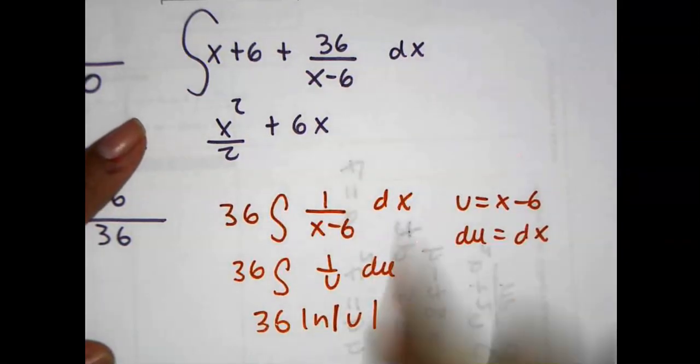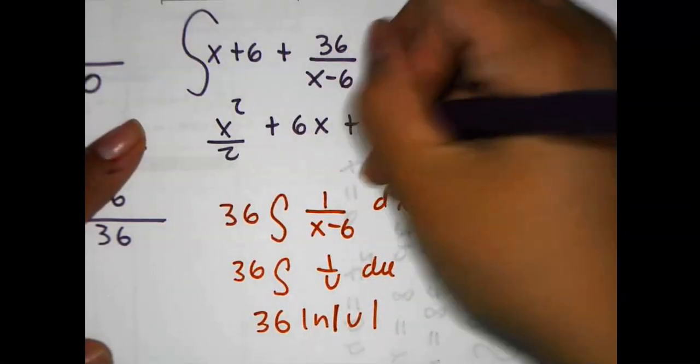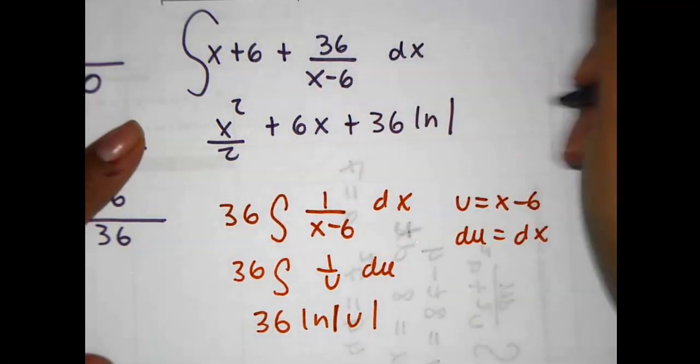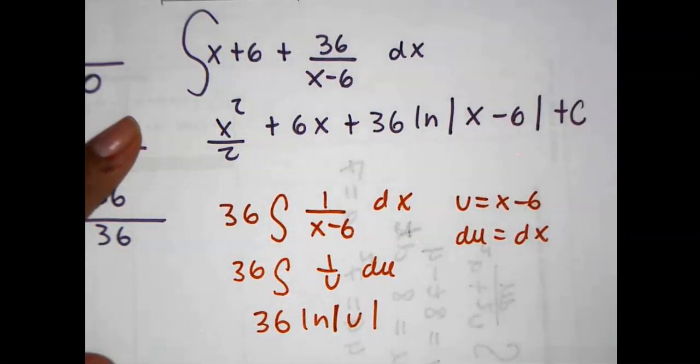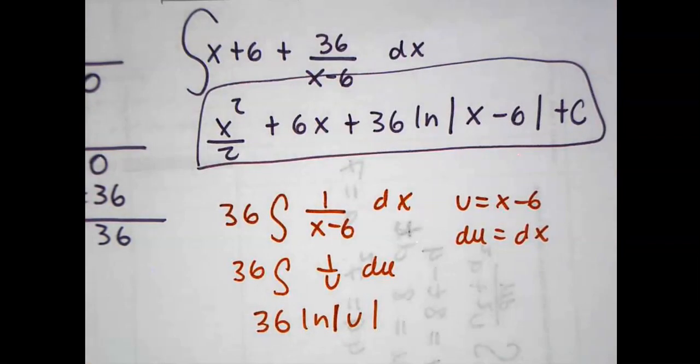So I'm going to go back here and add 36 natural log of the absolute value of u, where u is x minus 6. And don't forget to add the plus c. And that will be my integral. So this one, we use long division, and then we take the integral, and we have the integral of 1 over u, which is natural log of the absolute value of u.